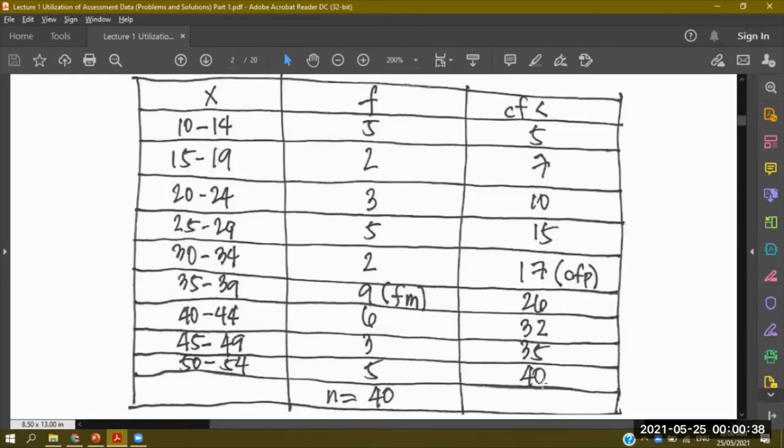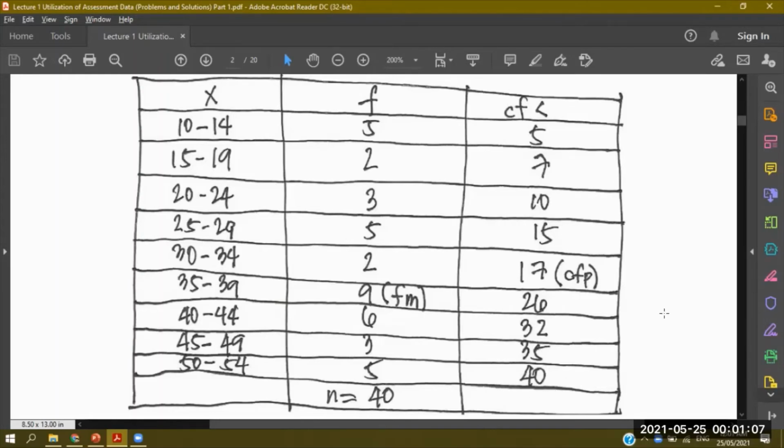Para malaman ninyo kung tama yung ginawa ninyong cumulative frequency, the last number should be the number of cases. If your frequency is in total of 40, dapat 40 din yung lalabas sa pinaka-last. If we're going to compute for your cumulative frequency, it should be 40 here.